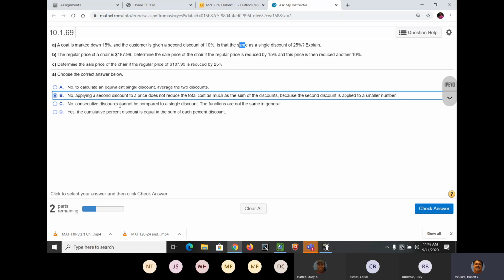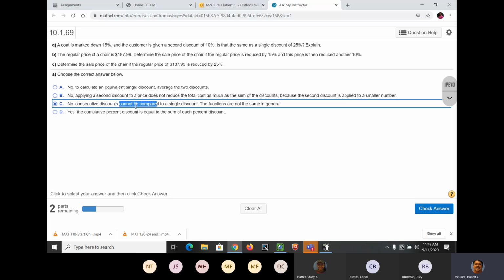And you can compare any numbers, so you wouldn't say they cannot be compared. So I would say the answer is probably B.